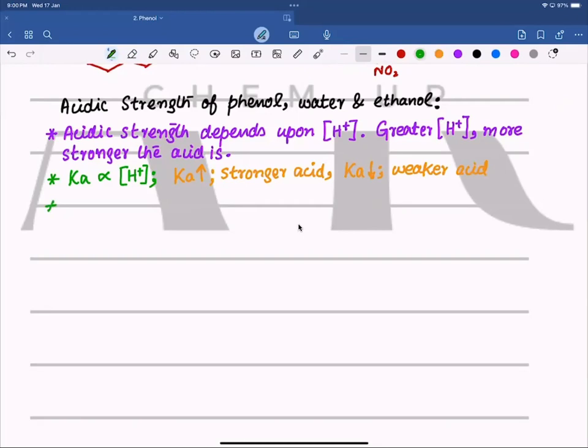From further aspects of ionic equilibria, we got another relation between pKa and the hydrogen ion concentration, and it states that the hydrogen ion concentration is inversely proportional to the pKa.